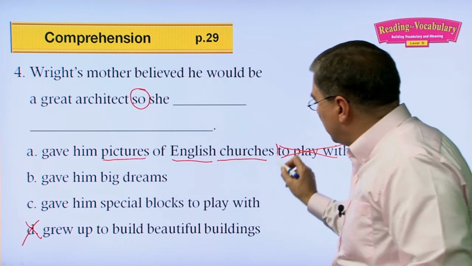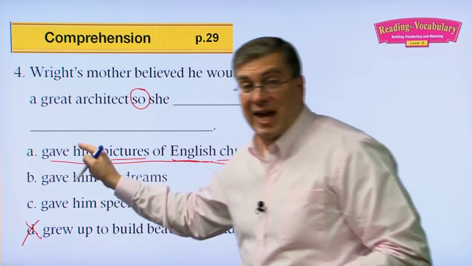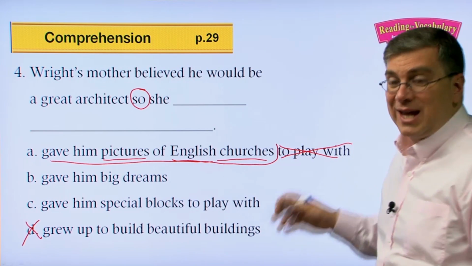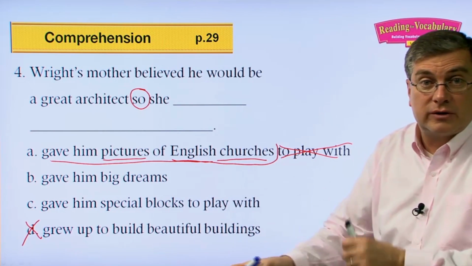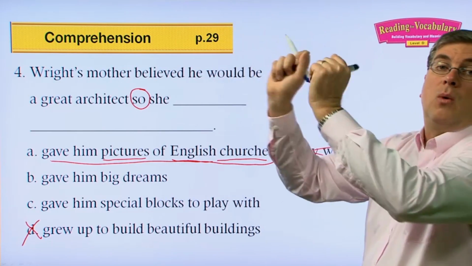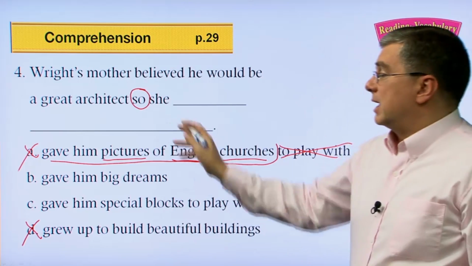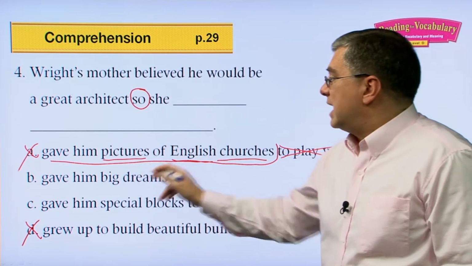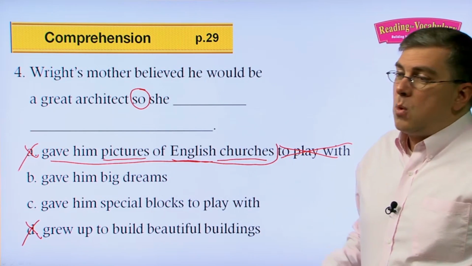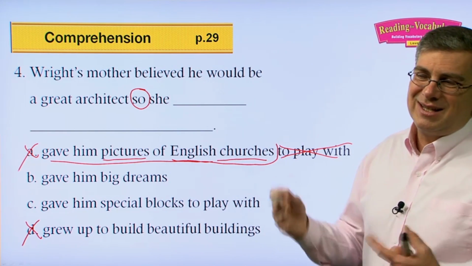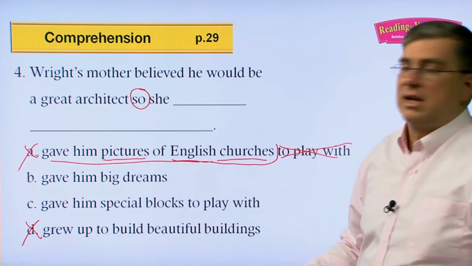So you might be confused because this looks like the answer until you get here, to play with. He didn't play with the pictures, right? No, they were put up on the wall. So A is not correct. Be careful of that one. B, she gave him big dreams. Well, it didn't say that in the passage. She had big dreams, but it didn't say that she gave him big dreams.